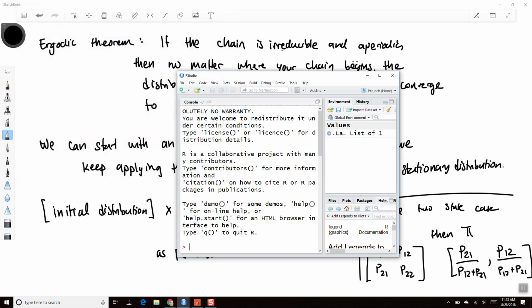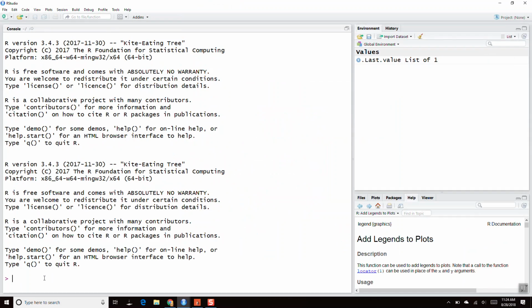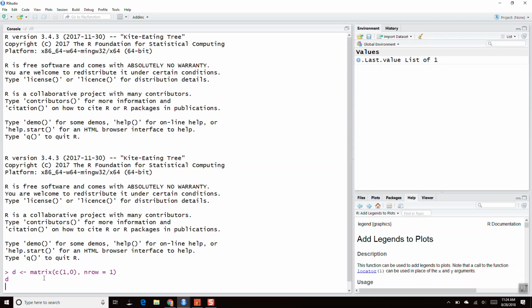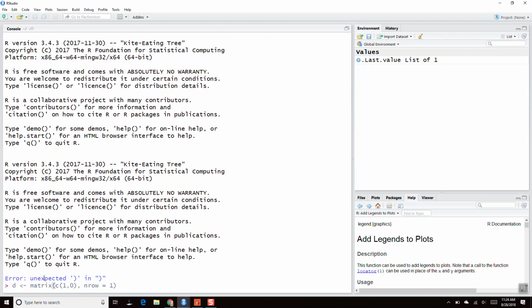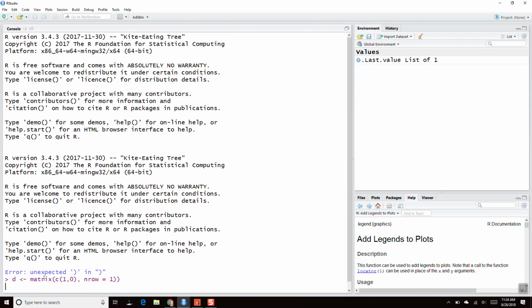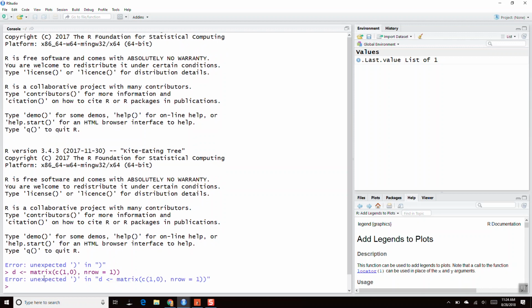Oh, what's going on? Okay, so let's say our distribution will be, we'll start off with, okay, so D, this will be our, oops. What am I doing? Matrix 1, 0, number of rows equals 1.